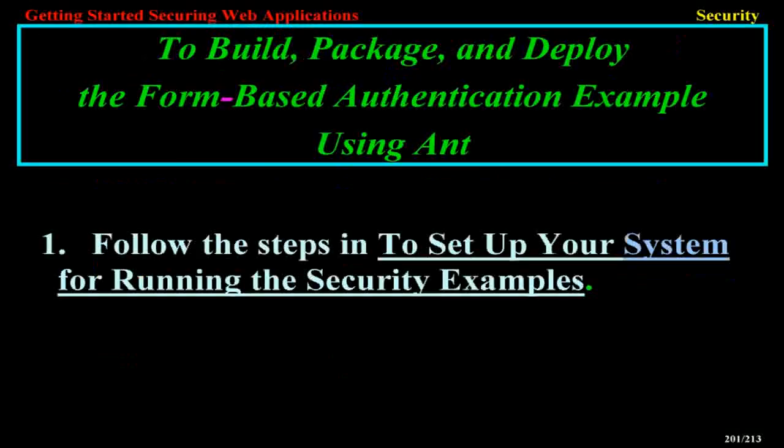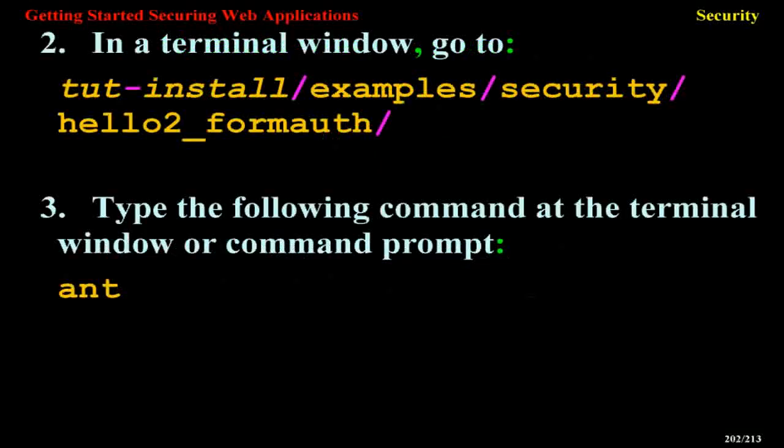To build, package, and deploy the form-based authentication example using Ant, follow the steps to set up your system for running the security examples. In a terminal window, go to tut-install/examples/security/hello1_formauth. Type the following command at the terminal window or command prompt: ant.